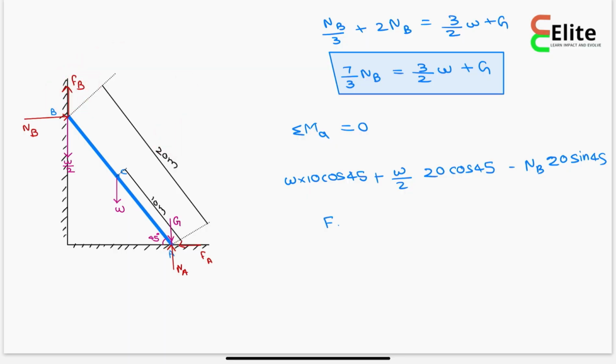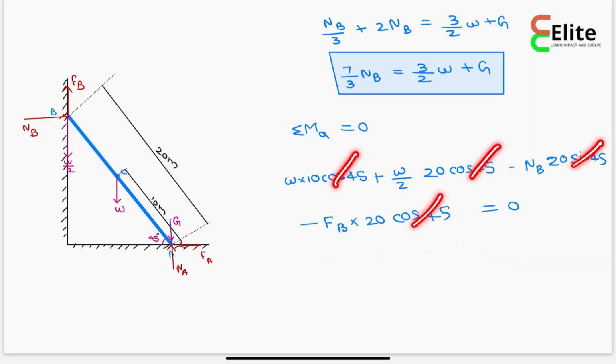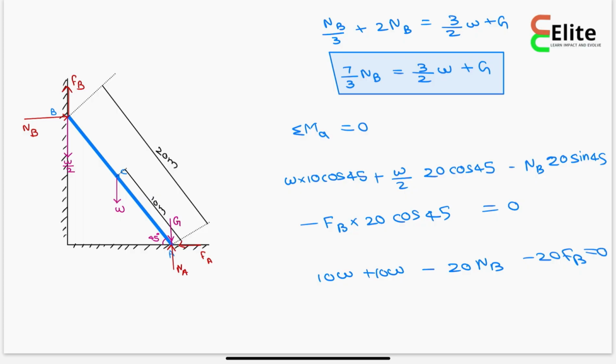This force also produces a clockwise moment at point A. So we can write FB into 20 cos 45 minus FB is equal to 0. We know that cos 45 is equal to sine 45, so we can cancel this out. So we can simplify this as 10W plus 10W minus 20 NB minus 20 FB equal to 0.